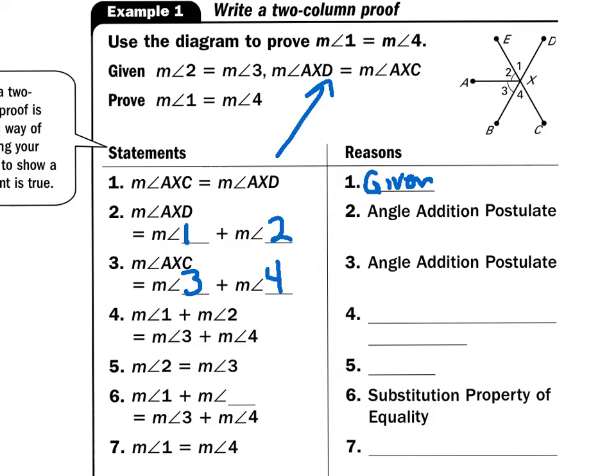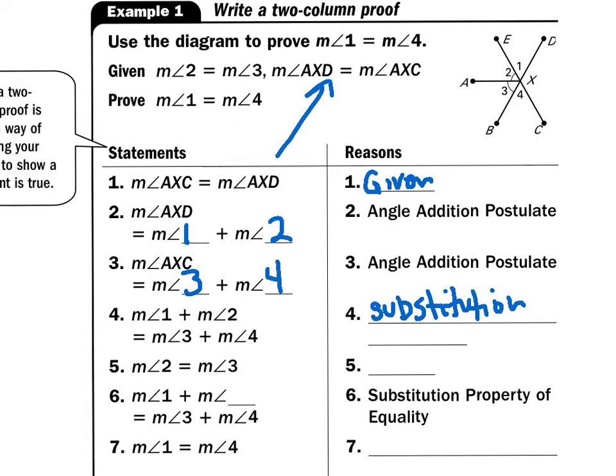So now that we've said that, we can go back to statement 1, and we can say if AXC is 1 and 2, and AXD is 3 and 4, then 1 and 2 must equal 3 and 4. And that is the substitution. Because we have just substituted equal things into that statement.